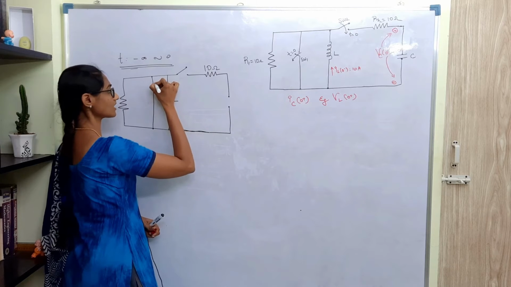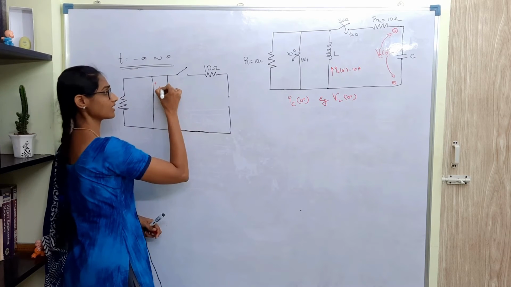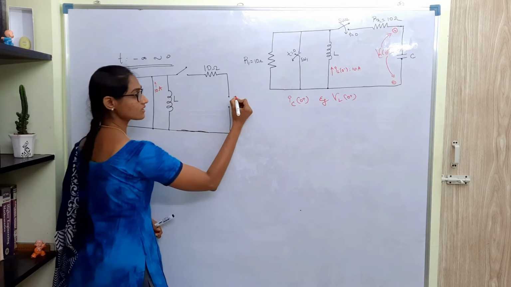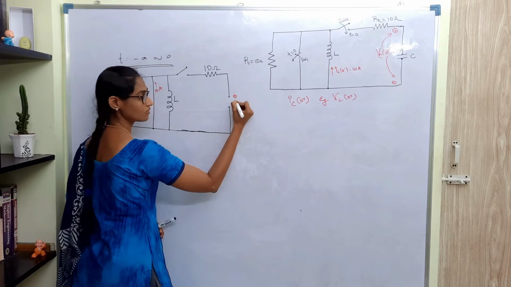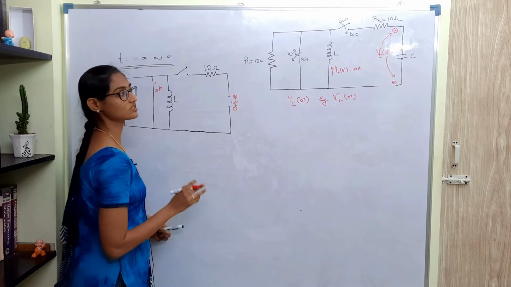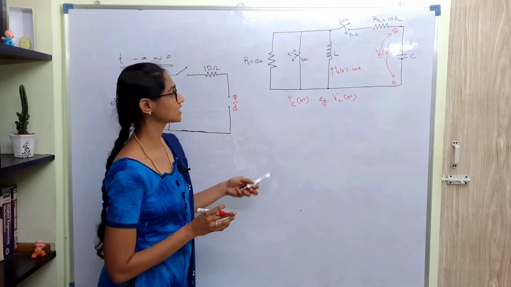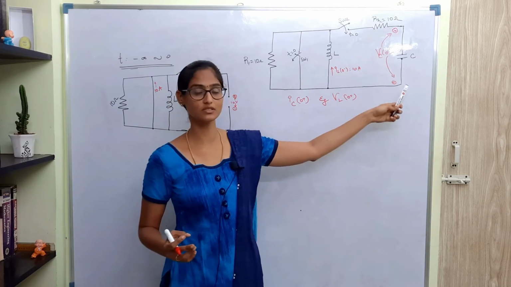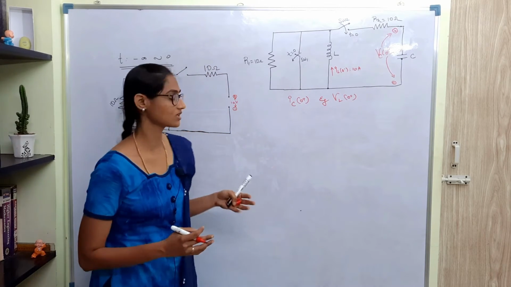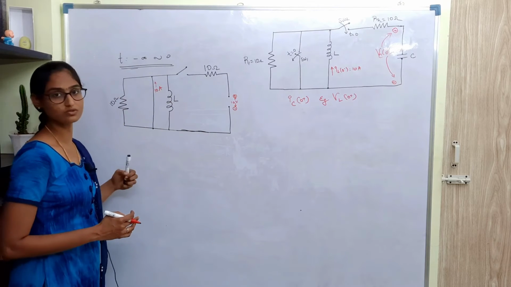So before that time, this inductor will be supplying current of 10 ampere and the voltage across these ends will be 10 volt. You won't be having any other circuit. This is a source free circuit, and the charge of the inductor and the capacitor is powering this circuitry before the time t equal to 0.